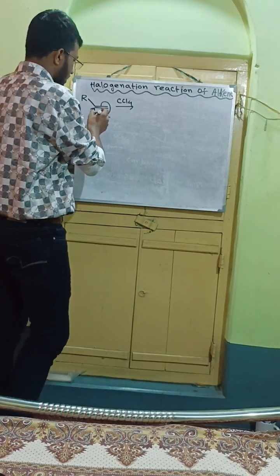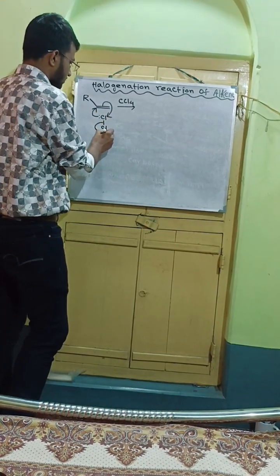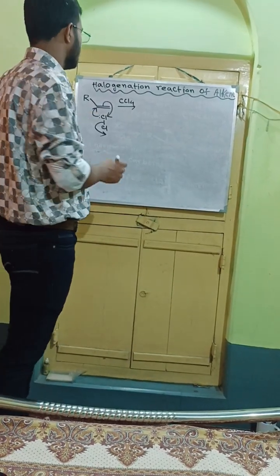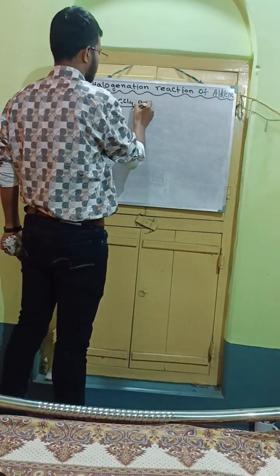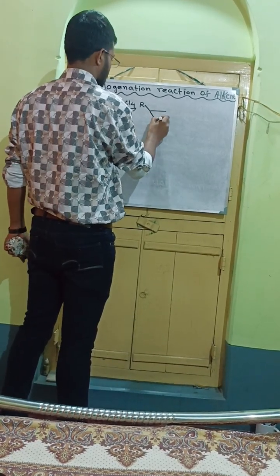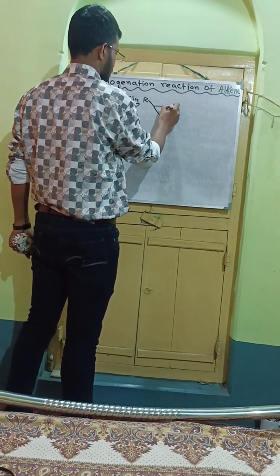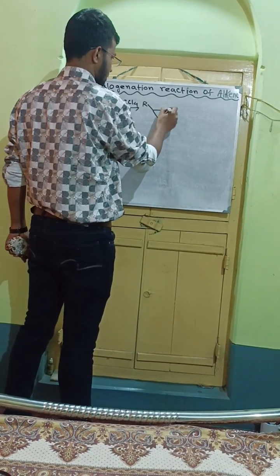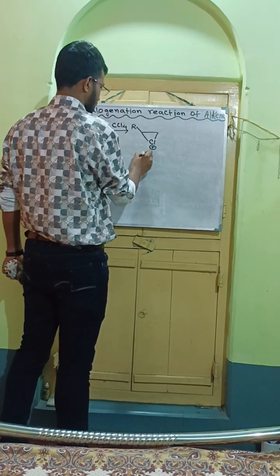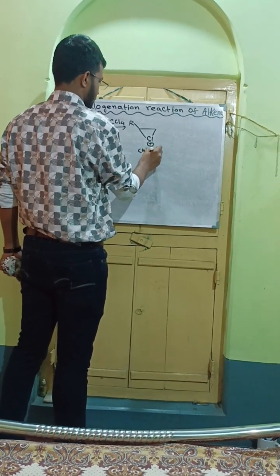Okay, and at the same time chlorine will be removed from this Cl2, and it makes another compound or intermediate like chloronium intermediate. This is chloronium intermediate.